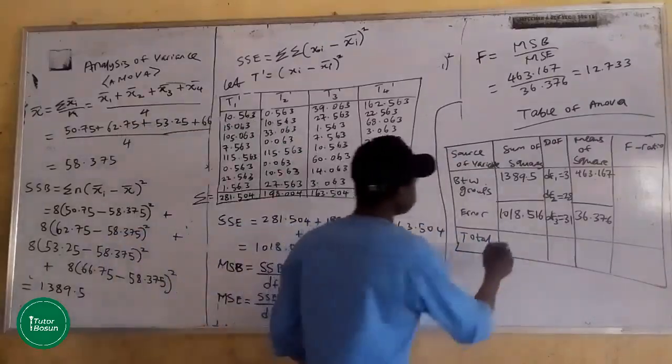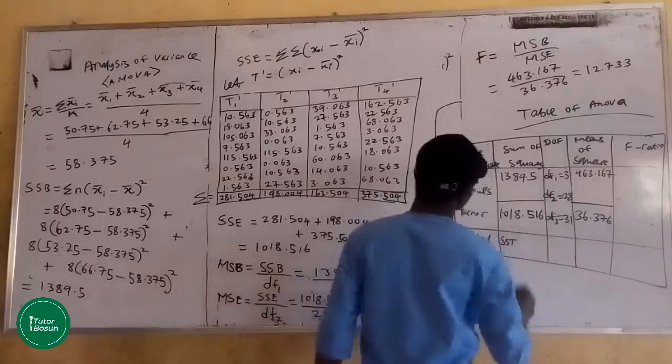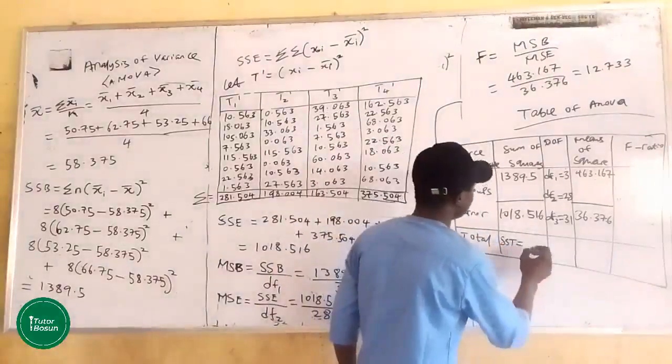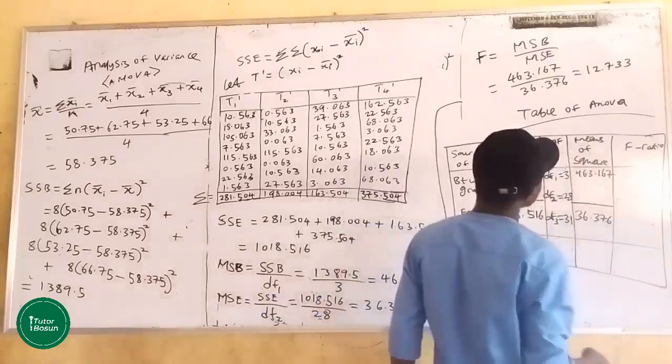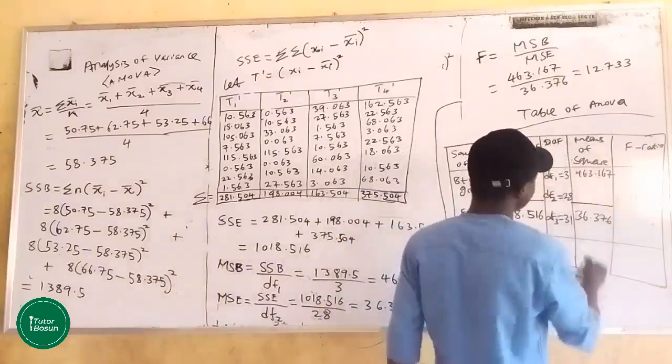So if you sum everything together, you get your sum of squares total. You can decide to sum the degrees of freedom together as well and put it there.